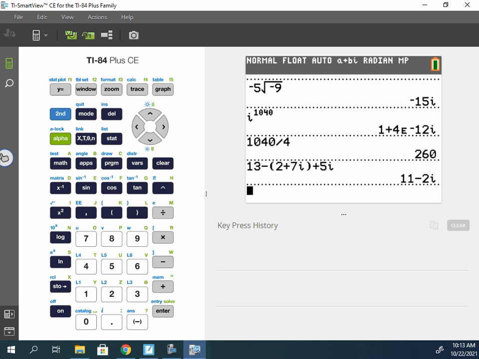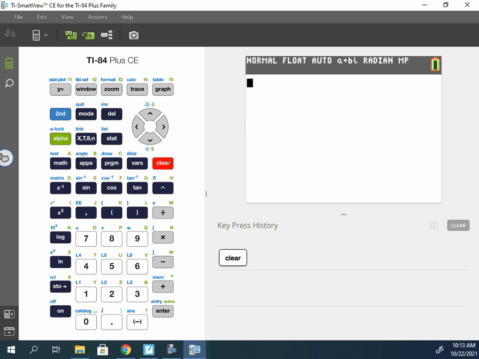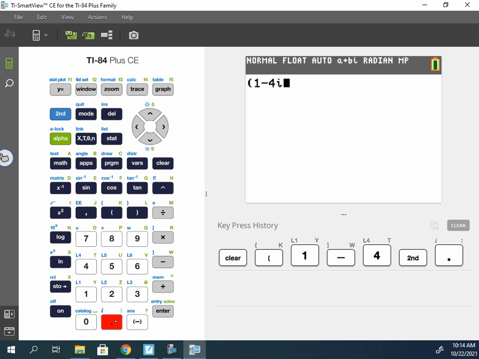Let me get, well, let's clear that out. I'm going to grab a note sheet. So let's try this one in the calculator, the second one. So we know that, because you did alpha y equals enter and typed it in, yes? Let's try a little different. Let's say parentheses 1 minus 4 second i close parentheses.